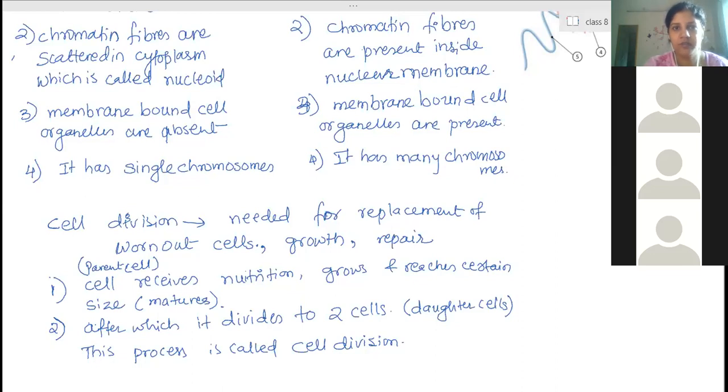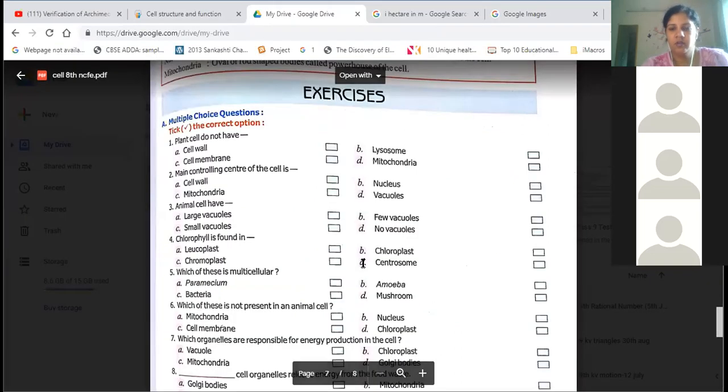Okay, fine. So a few questions we will see. Objectives are there first. Plants do not have cell wall, cell membrane, lysosomes, mitochondria.